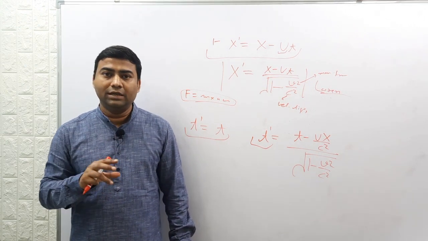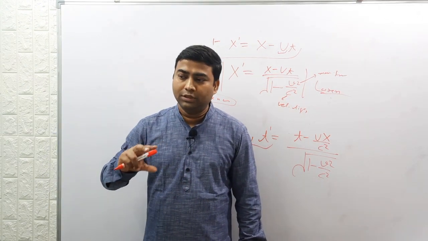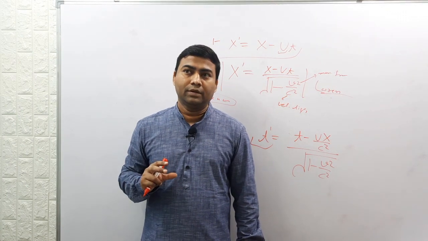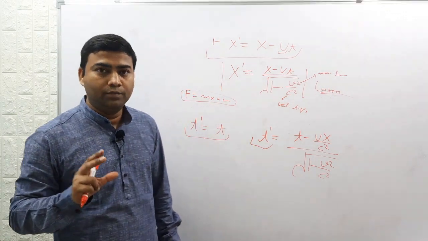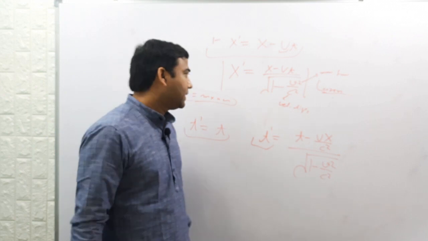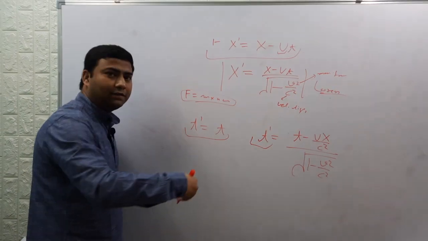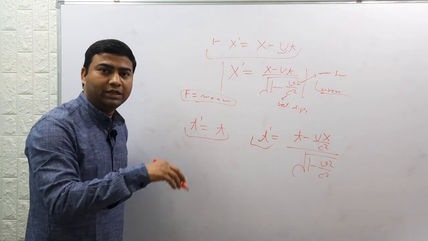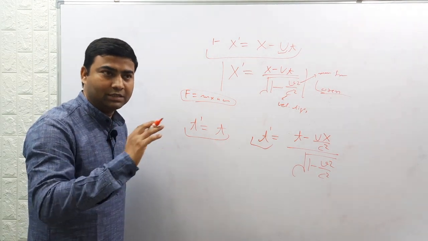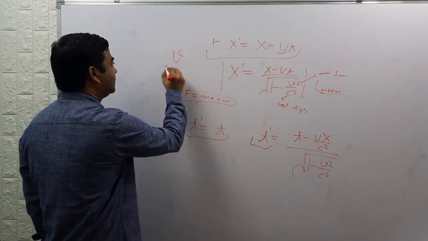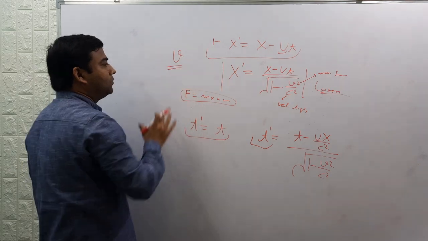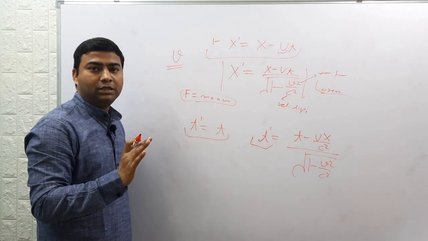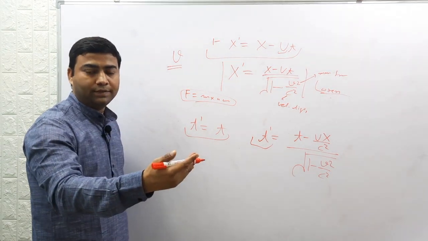Black holes are explained only with the help of general theory of relativity and not by Newton's laws of motion. So we can conclude that classical physics or Newtonian physics has certain limitations. On velocity, it is applicable for normal velocity, not at relativistic velocity.